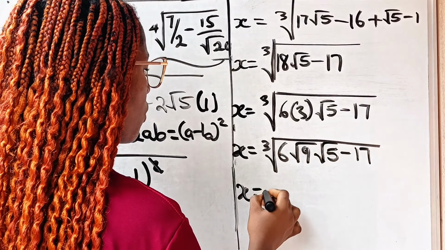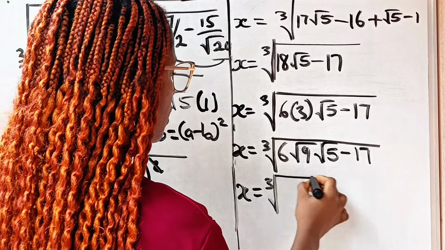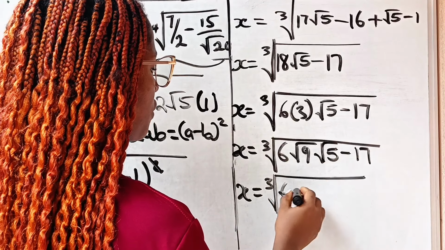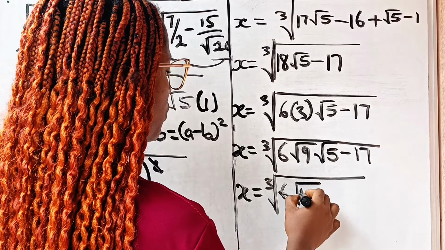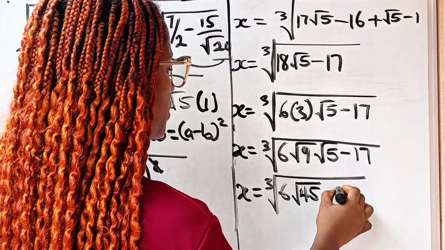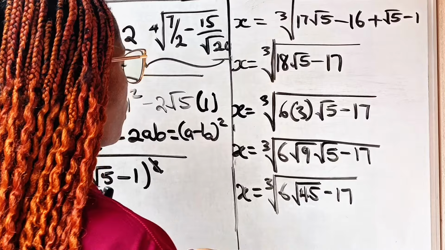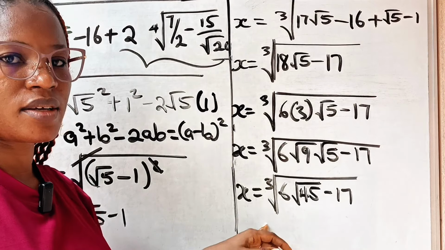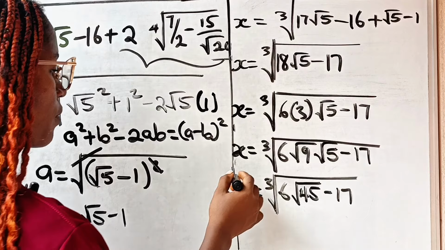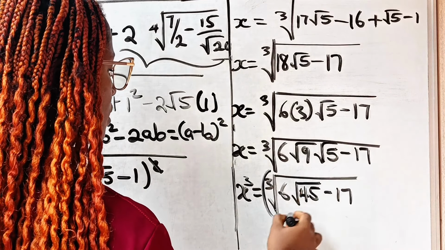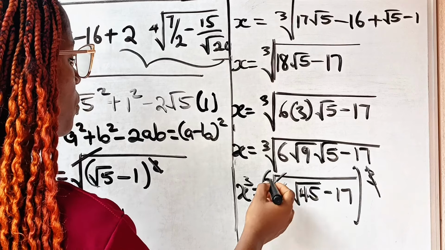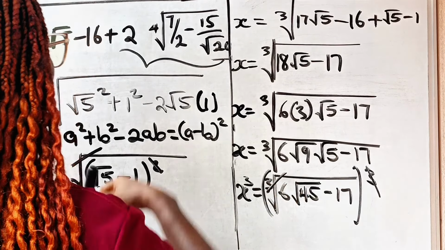So x is equal to the cube root of 6 root 9 root 5, where root 5 can be written as root 45, minus 17. Okay, now let's take cube of both sides. If we cube both sides, we have x cubed and the whole of this cubed. So we remove the cube root, and we have x cubed.